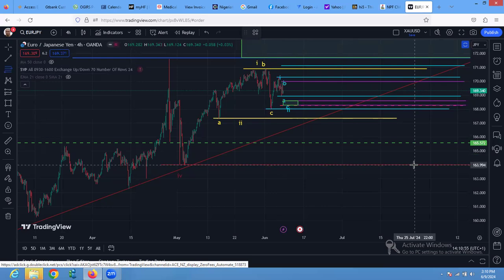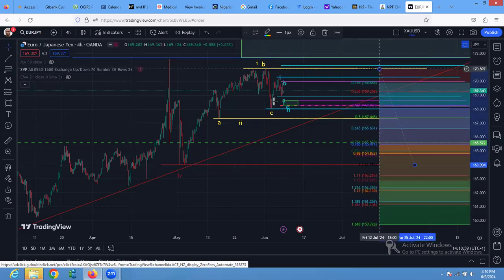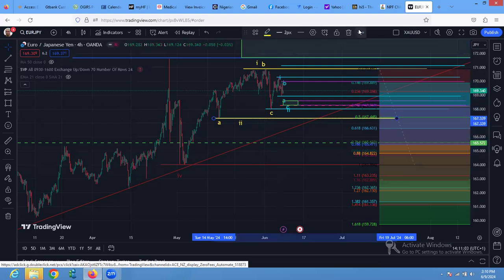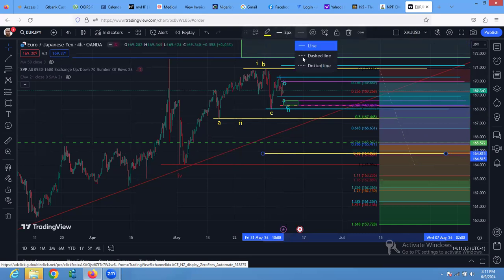from the low here up here. This is the area that once the price takes that below, then it is done.